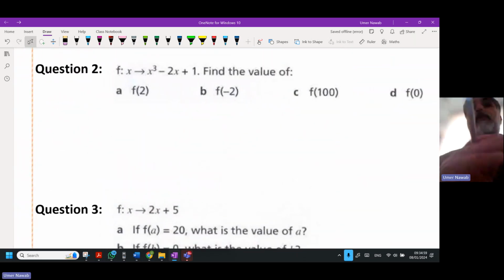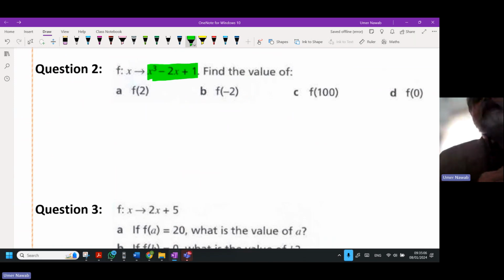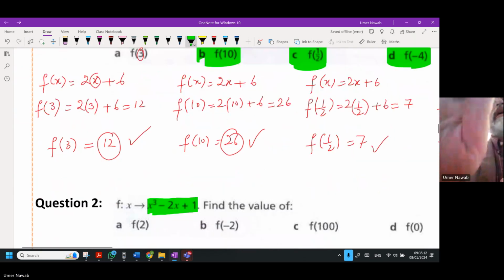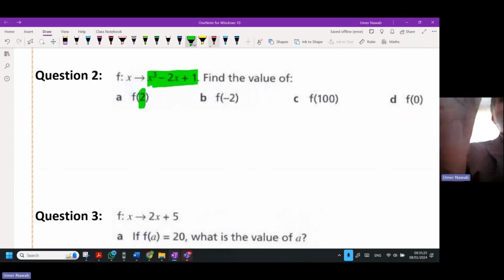Question number 2, which I have put in my sheet, is a little bit more complicated function. The previous function was a linear function, and now it's a cubic function. I'll use the same strategy. If the input is 2, I'm looking for my output.